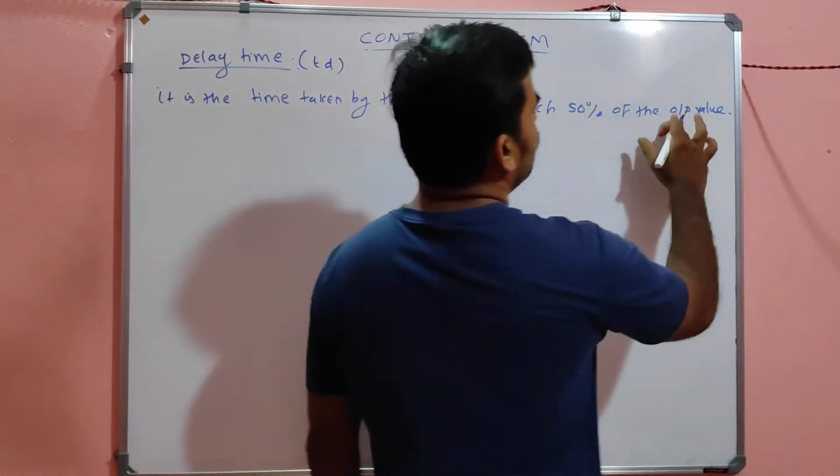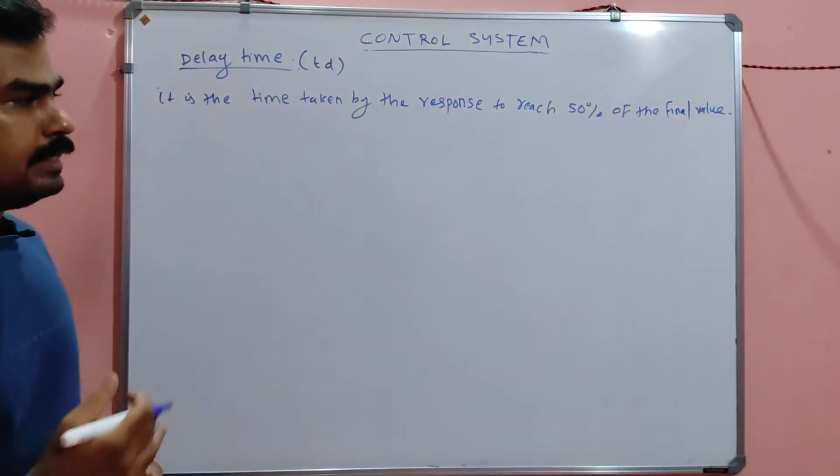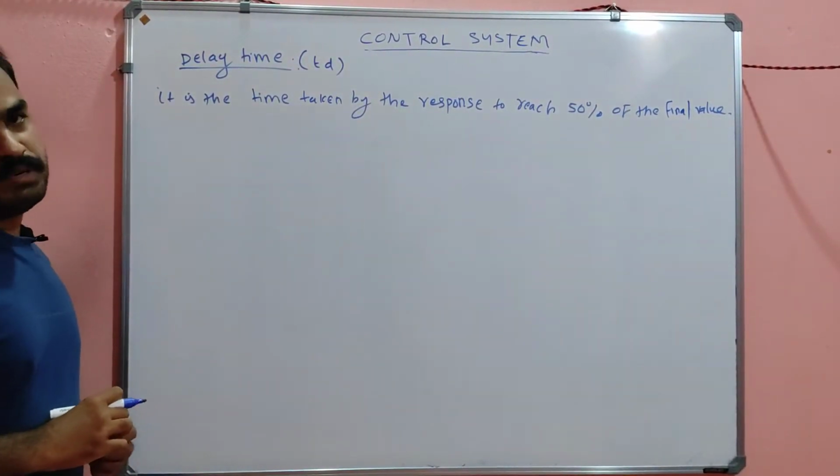The output value is simply the final value. That is correct. That is called the delay time TD.